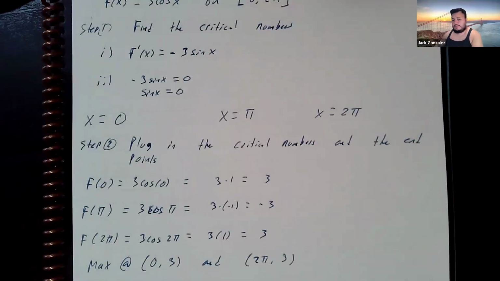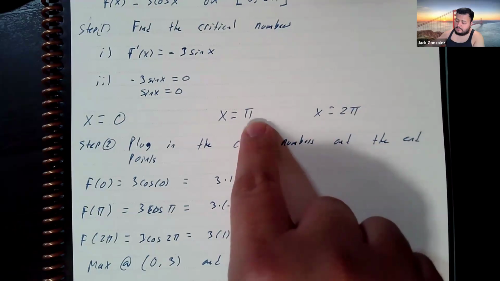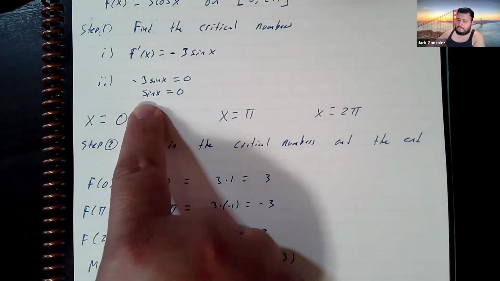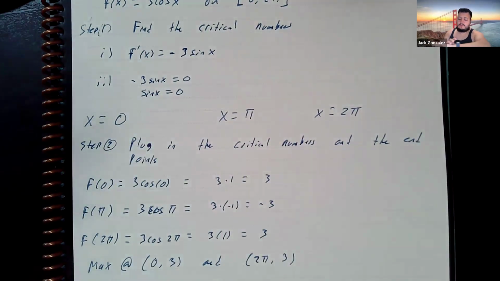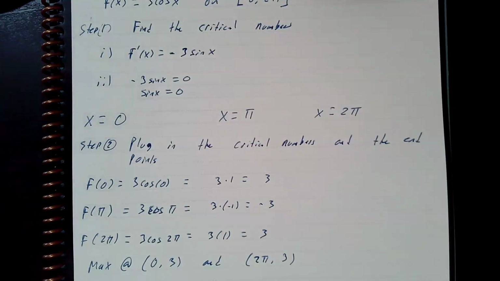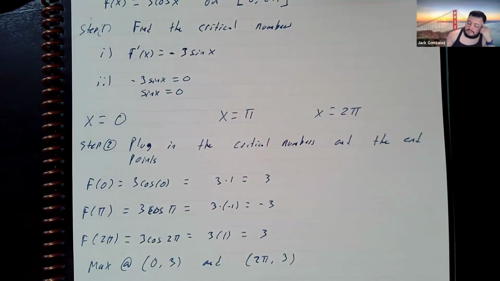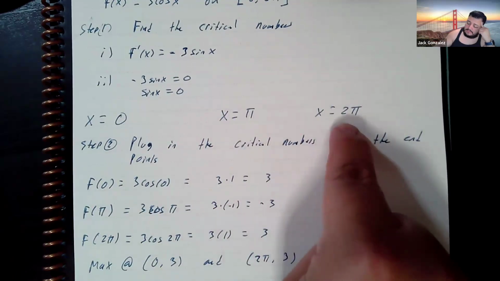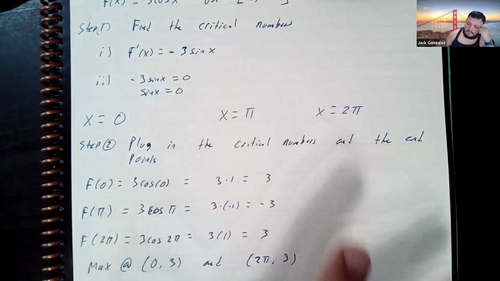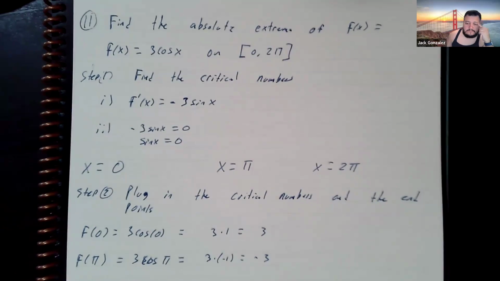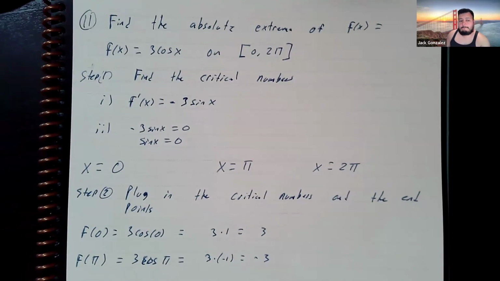Oh, that was one of the critical numbers because sine is 0 at pi. Using your unit circle, or if you remember the graph of sine. Oh, okay. So which angles make it 0? It's going to be these 3. It just so happens those happen to be the endpoints as well. Oh, okay, that makes sense.